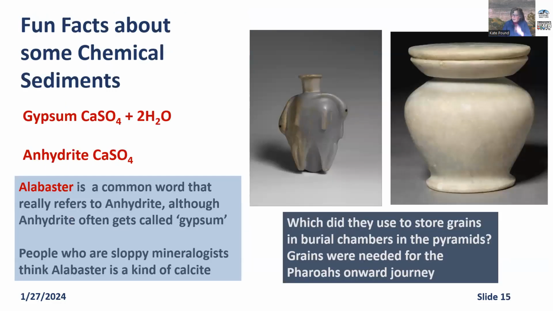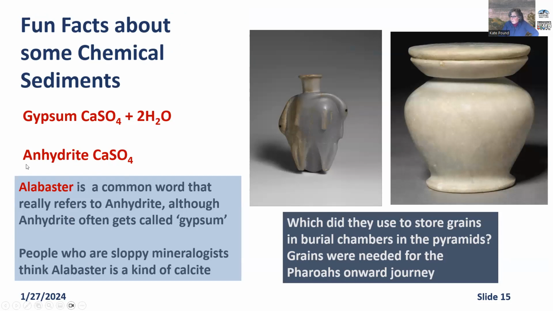Now this is, I think, a really fun little fact. We're thinking about some chemical sediment. I just talked about gypsum. Here is the formula for gypsum. So it's that calcium sulfate, and there's a little bit of water in its mineral structure.